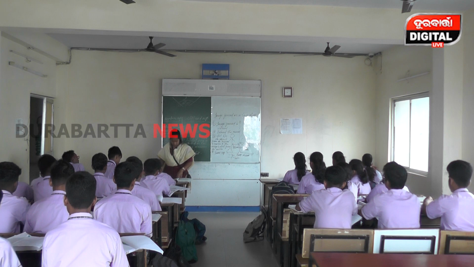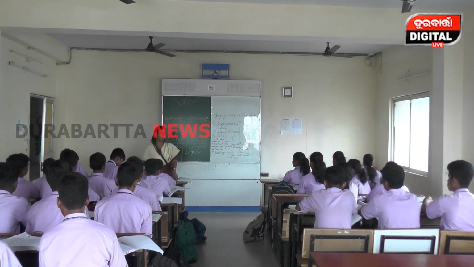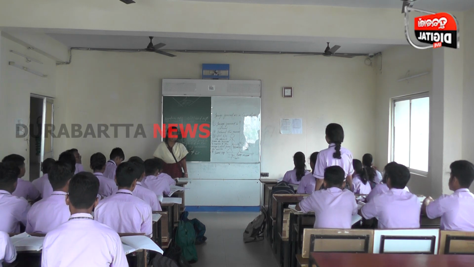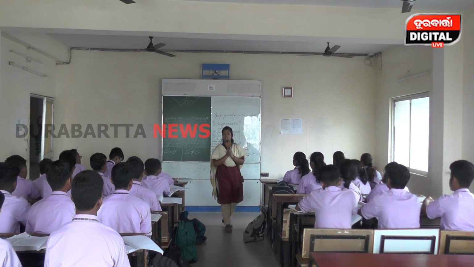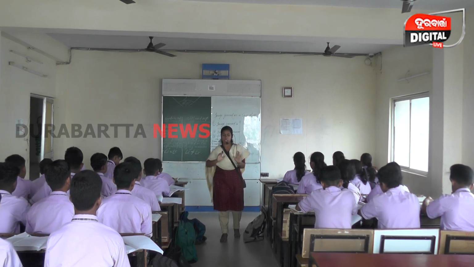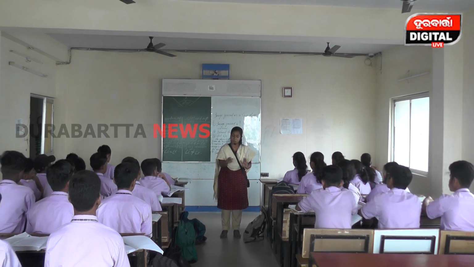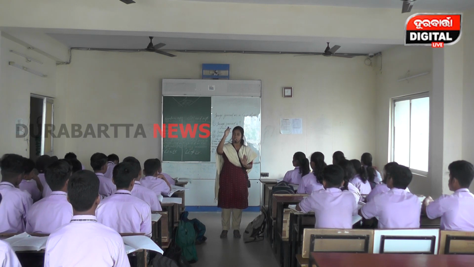Now, the fifth point. Stand. The image formed by a plane mirror is erect. Erect means what? Sit down. Erect means straight. If I am standing in front of the mirror in this way, then inside that mirror also I will see my foot at the floor and my head just above it.